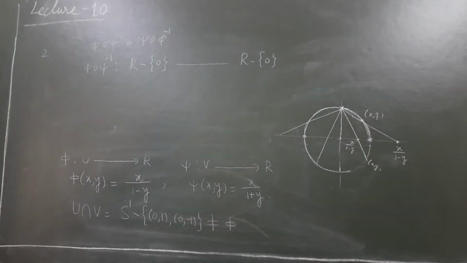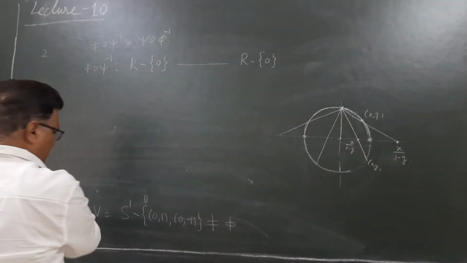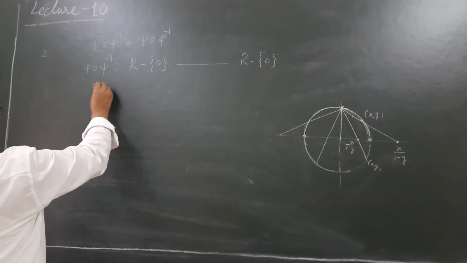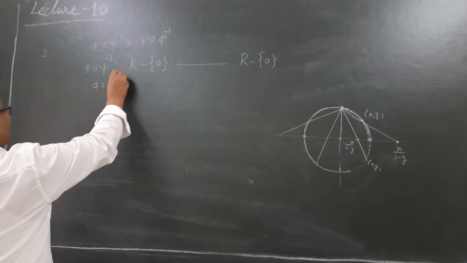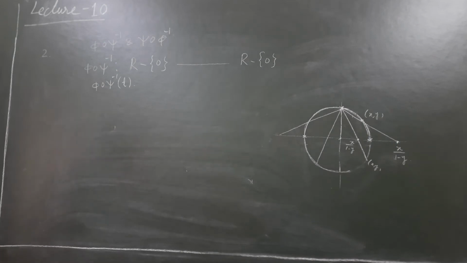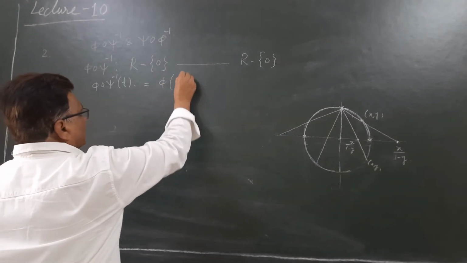Okay, now we have to see how this is defined. So phi composition psi inverse of t, where t is a non-zero real number, will be phi of psi inverse of t.